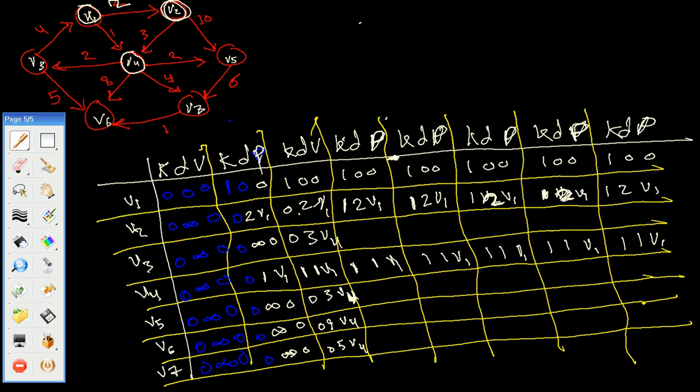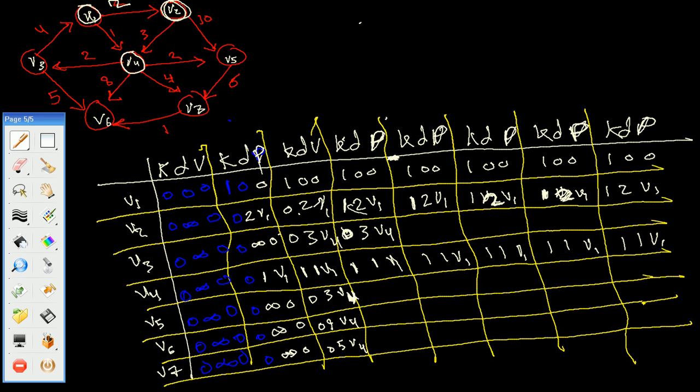As you can notice, from V1 to V3, there's no direct way. So we need to move from 1, 2, so it will be 0, 3, V4. And we want to move from V1 to V5.